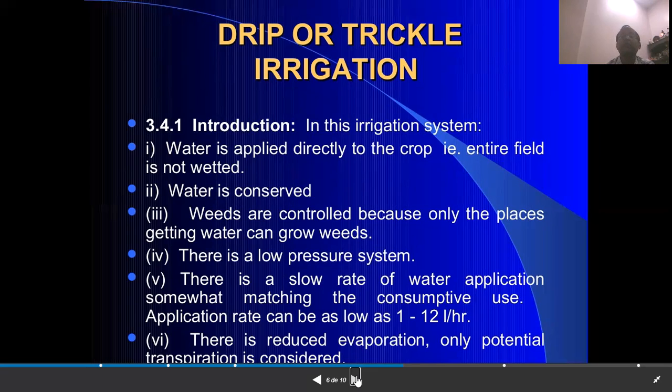In drip irrigation, we provide the water at the root of the plant, so weed problems are reduced. If we provide mulch around the tree, around the plant, around the crop, then evaporation losses are stopped. So there are many advantages of drip irrigation.